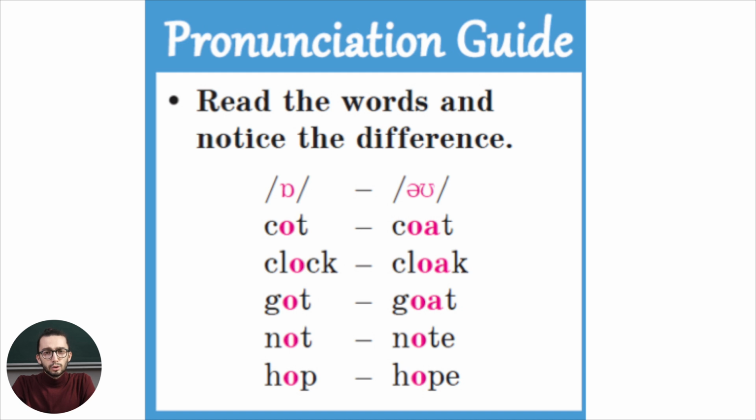Alrighty, let's look at the pronunciation guide right now. The first sound we are going to look at is the sound O. Can you repeat after me? And we have a list of words over here. Let's read them together. Caught, clock, got, not, hop.